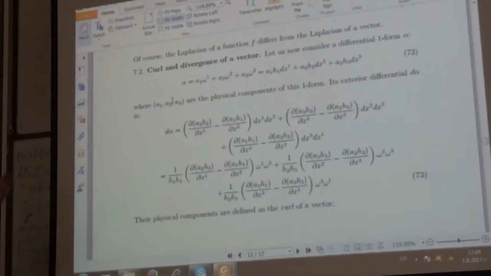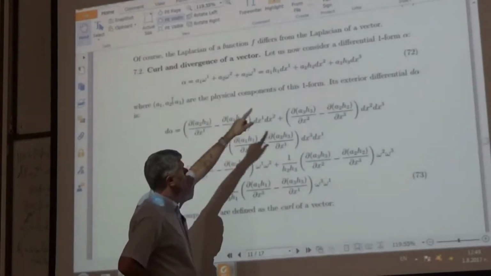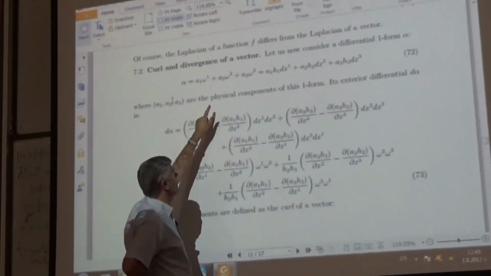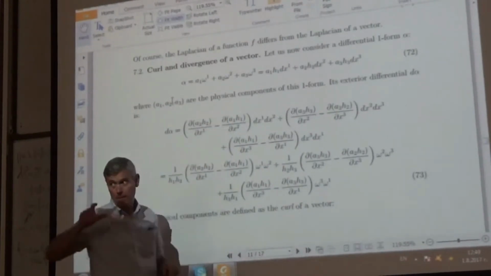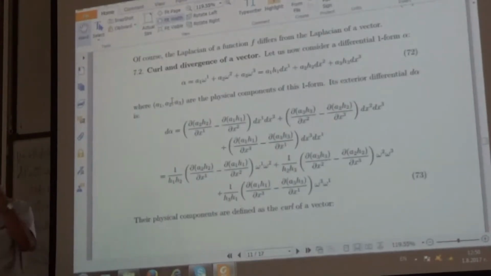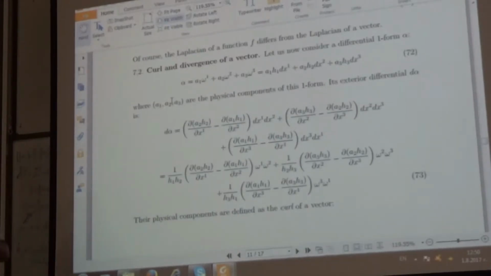If we take one differential form in an orthogonal basis, then we have A1, A2, and A3 as physical components, which are equivalent to the physical components of vectors. Equivalent, not equal. Always remember this. The components of a vector and of differential forms are equivalent, related, but not just equal, because there is the question of duality.